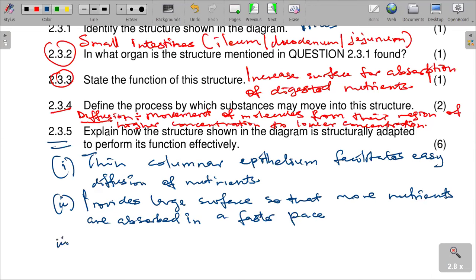And then three, what we can also add is that it consists of many blood capillaries for faster transport of nutrients away from the site of absorption. That's the last point.